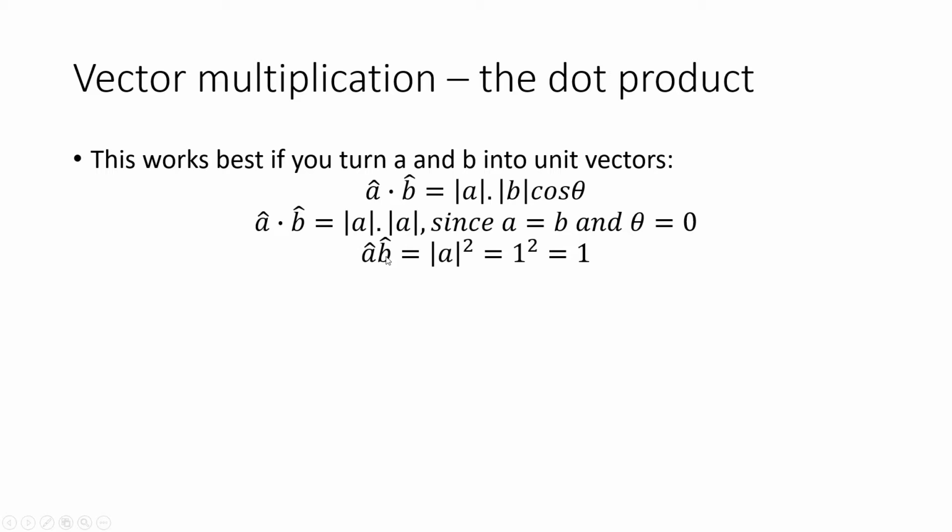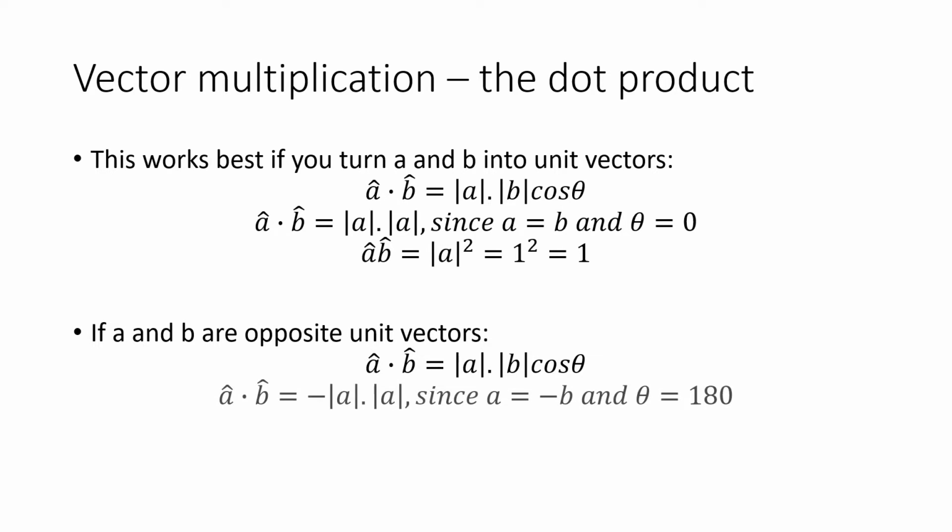So if they're exactly the same direction, then A hat dot B hat will always give you exactly 1 as an answer. So if you do the dot product and get 1, you know these are the same vector. If they're opposite vectors, then you'll get the negative of magnitude A squared. So you get negative 1. So if a dot product gives you minus 1, the two vectors are heading directly away from each other.